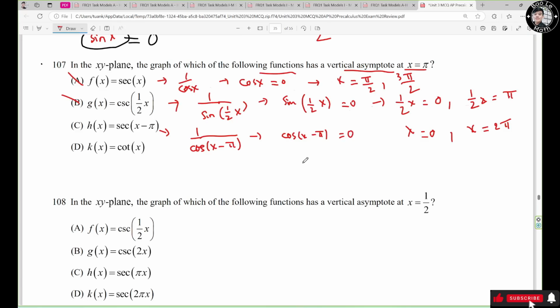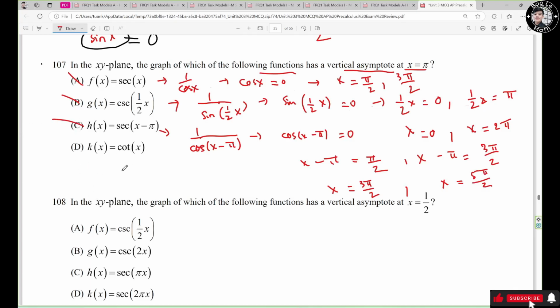So then s minus pi equals pi over 2, or s minus pi equals 3 pi over 2. Now you need to solve for s, so add pi to both sides, so s equals 3 pi over 2, and for this one add pi to both sides, so s equals 5 pi over 2. So this is not the right answer, so C is wrong.